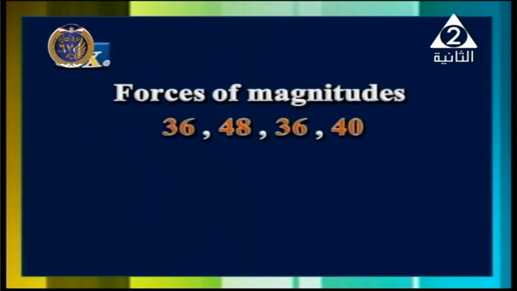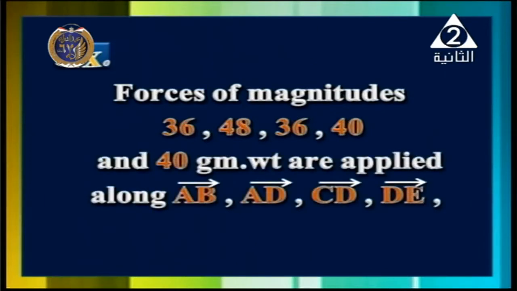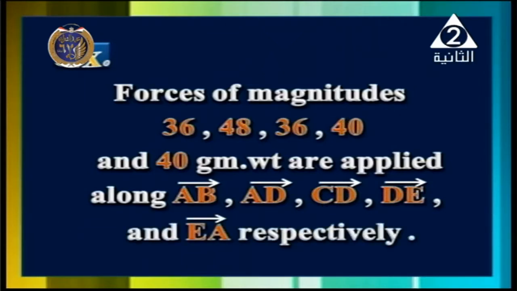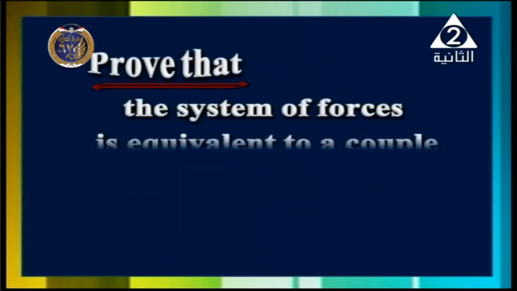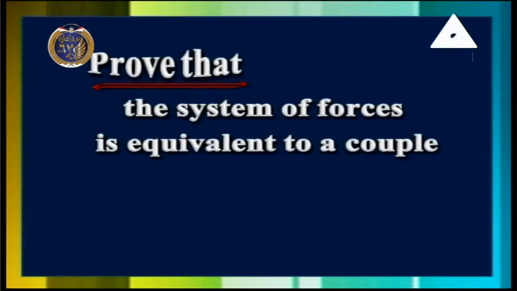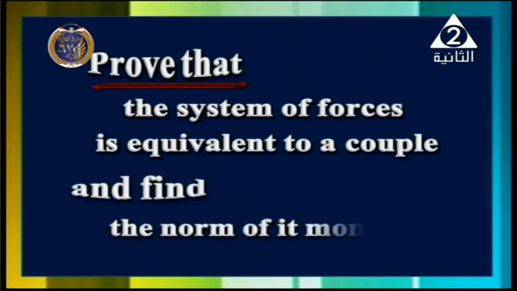Forces of magnitudes 36, 48, 36, 40 and 40 gram weight are applied along AB, AD, CD, DE, and EA respectively. What is required? First, prove that the system of forces is equivalent to a couple and find the norm of its moment.